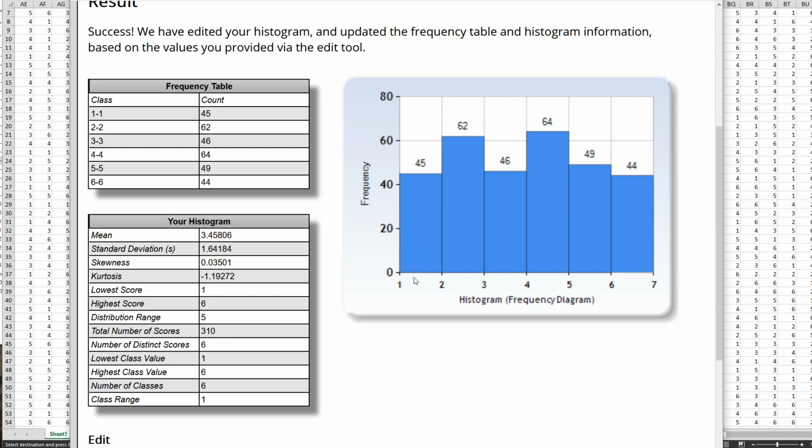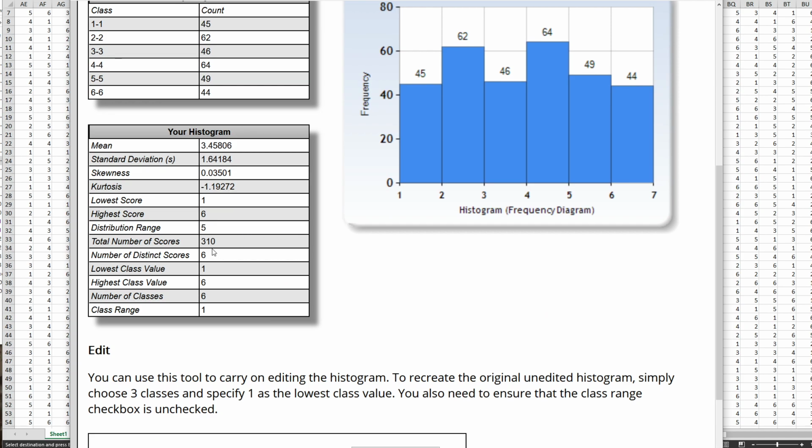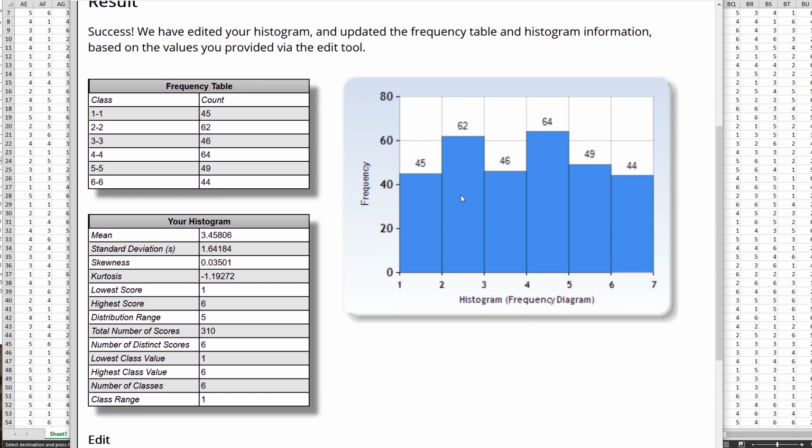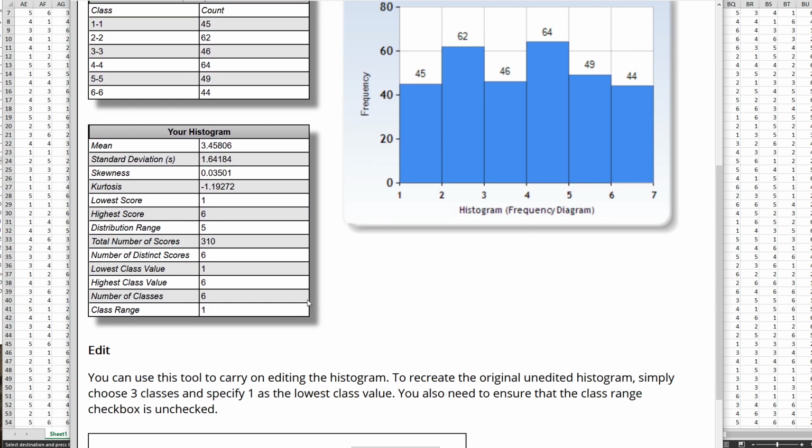There's about as many 1s as 2s, as 3s, as 4s, as 5s, and 6s. Now, there's some variation again because there's only 310 rows, but eventually this thing would kind of plateau. So we have this population of rows.